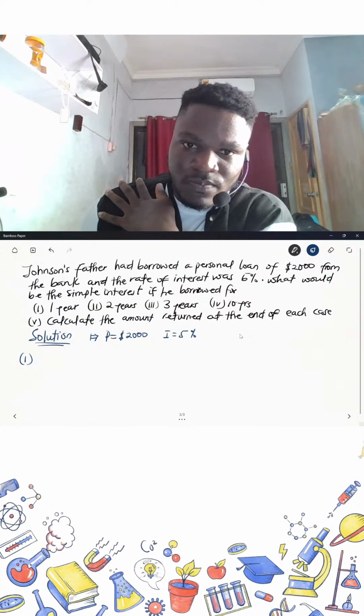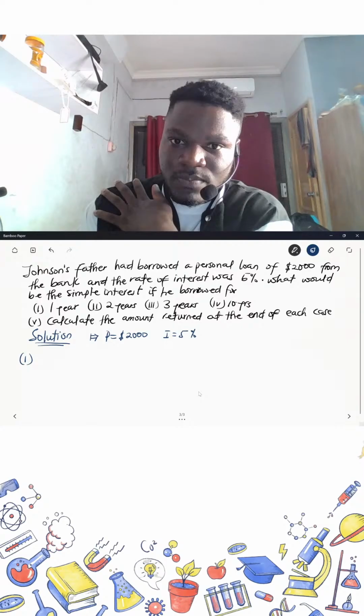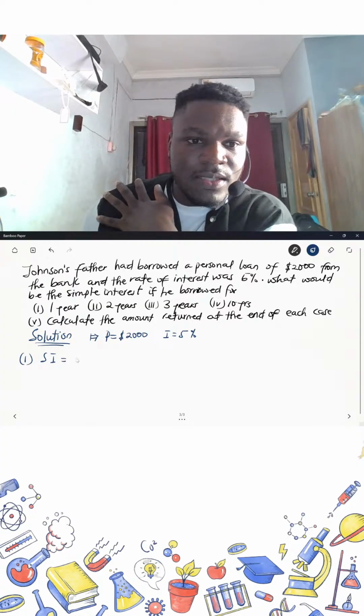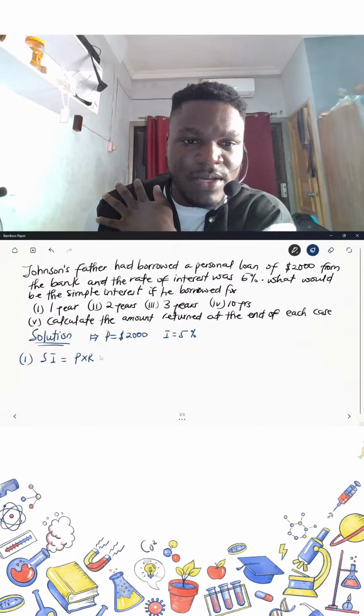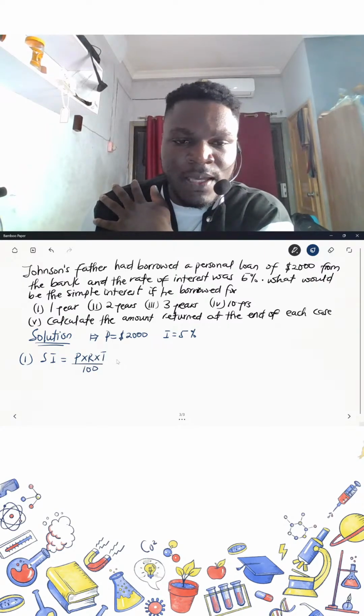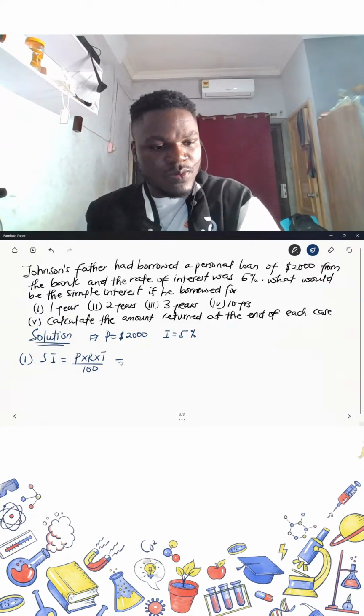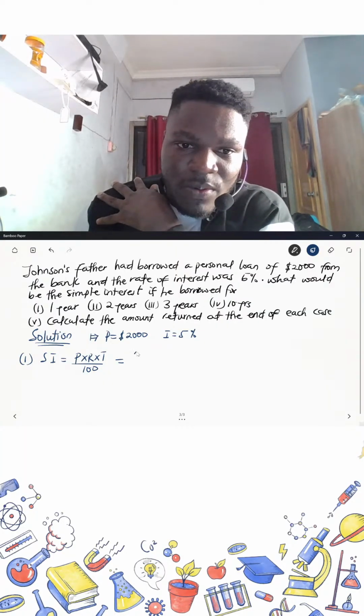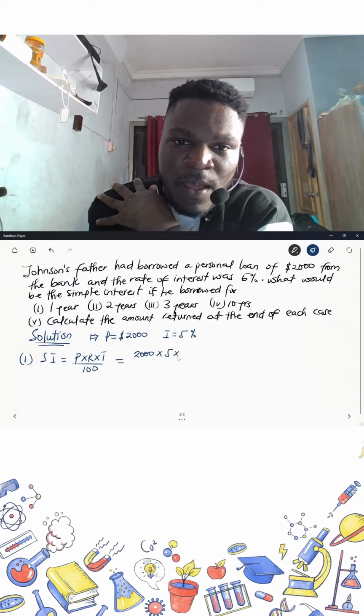All right, so for I, the simple interest is equal to the principal multiplied by the rate multiplied by the time, all divided by 100. So this is equal to the principal, which is 2,000, multiplied by the rate, which is 5, multiplied by the time.